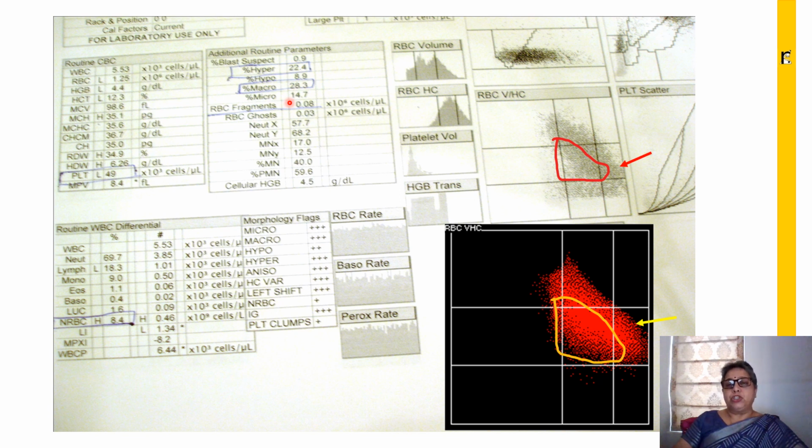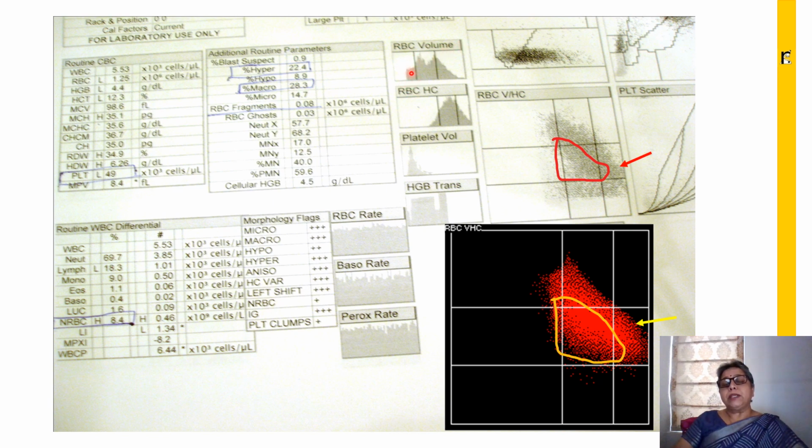So if you look at the scatter here, it's kind of in all the 9 quadrants of the grid: you have a population which is normocytic, normochromic, you have a macrocytic population, you have a microcytic population, you have a hypochromic population, and you also have a hyperchromic population. If you look at the histogram, this is the volume histogram.